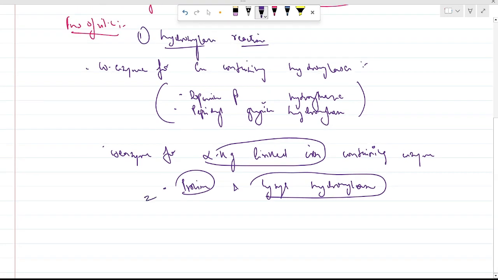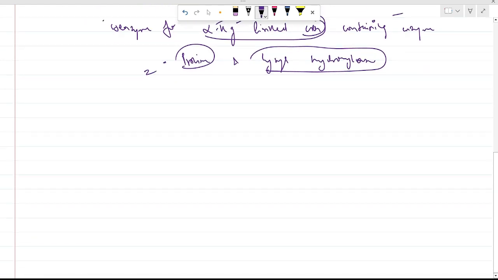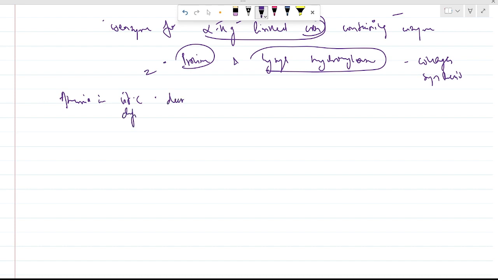So this vitamin C is a coenzyme for alpha ketoglutarate linked iron containing enzymes, also for copper containing hydroxylases. As these two enzymes are involved in collagen synthesis, there occurs anemia in vitamin C deficiency.